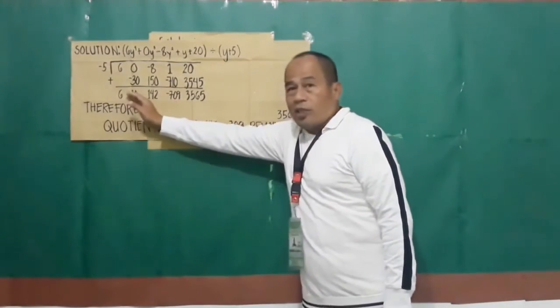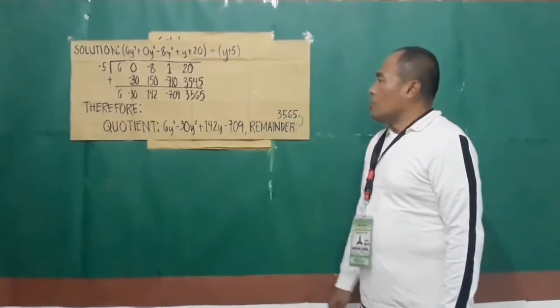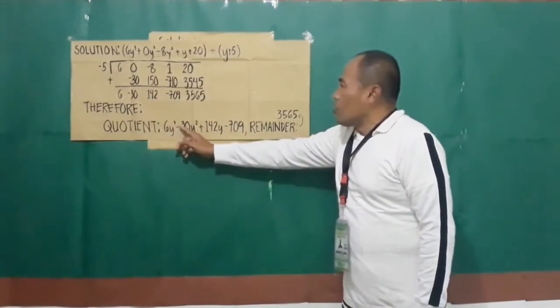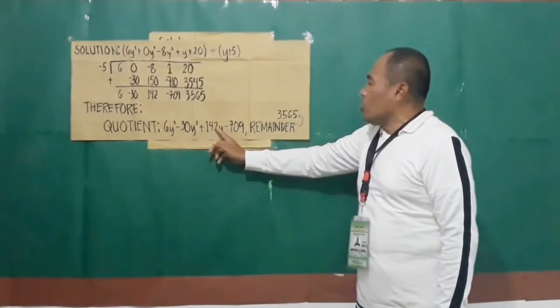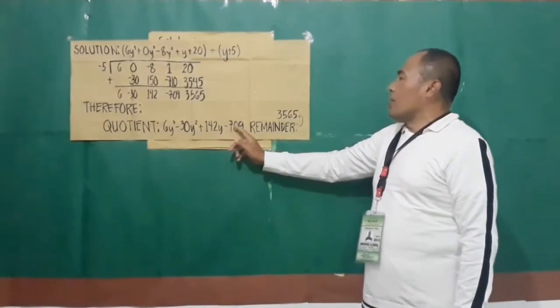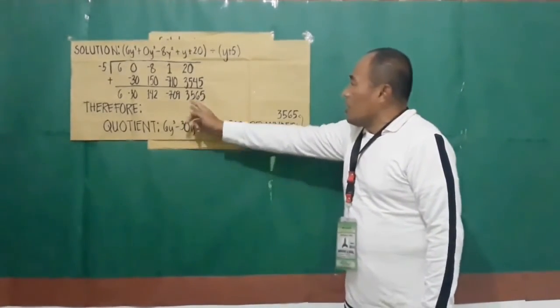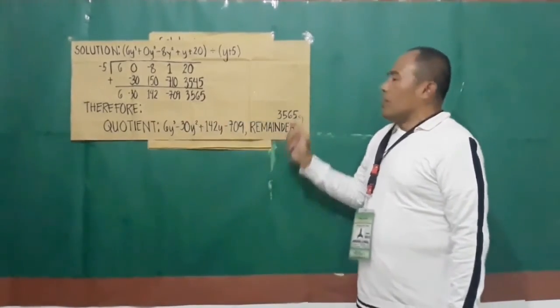So you can write 6y cubed minus 30y squared plus 142y minus 709. Then the remainder is 3,565.